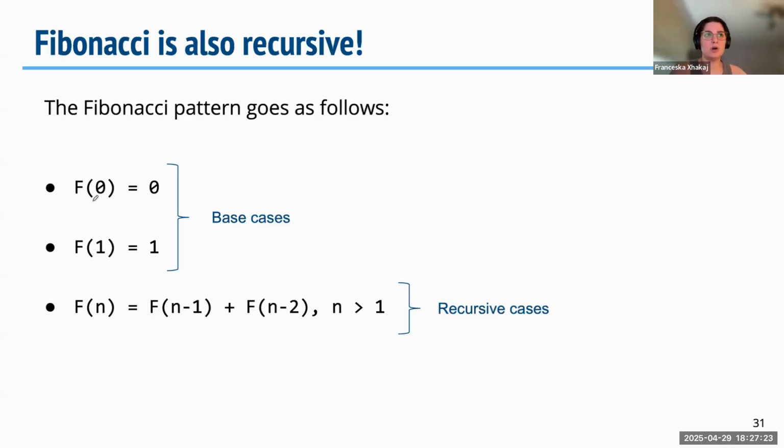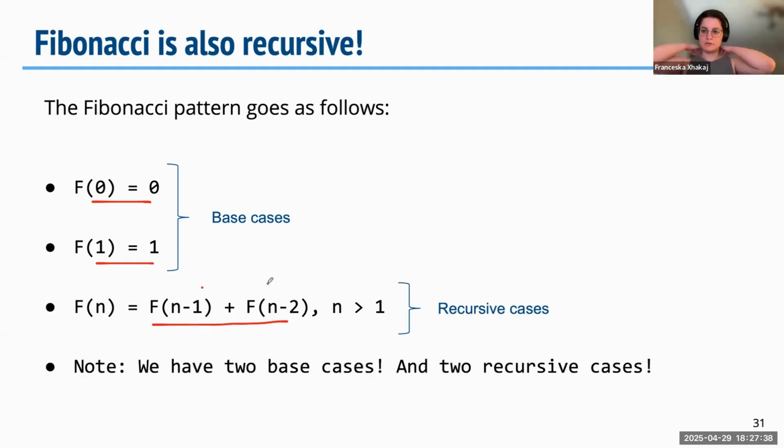Once we hit 0 or we hit 1, I can return 0 and 1 immediately. Otherwise, I will make the problem 1 smaller and 2 smaller, and then combine the results of each of those smaller problems together. Note, this is an example where we have 2 base cases and 2 recursive cases. As we said, we need to have at least 1, but we can have 2 or more depending on the scenario.